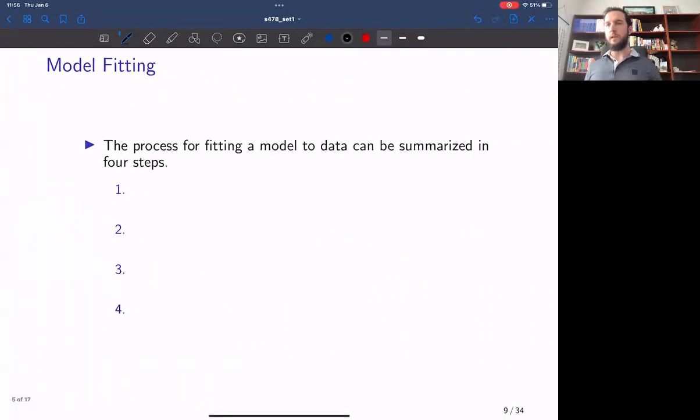All right. So when we are fitting a linear regression model to a data set, we can think of the process of fitting said model as being run through 4 different steps. The first thing we just have to do is specify the model. Okay, so you're basically just declaring, and we'll talk about this in more detail, the response and the explanatory variables and the model that you're interested in exploring.